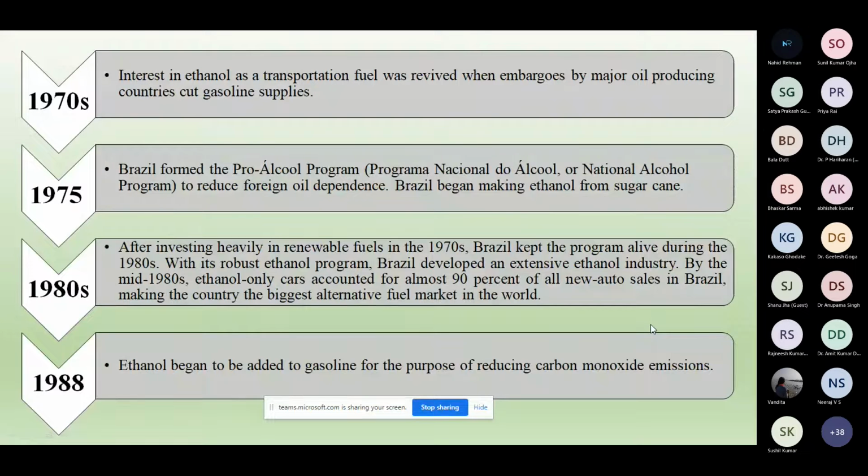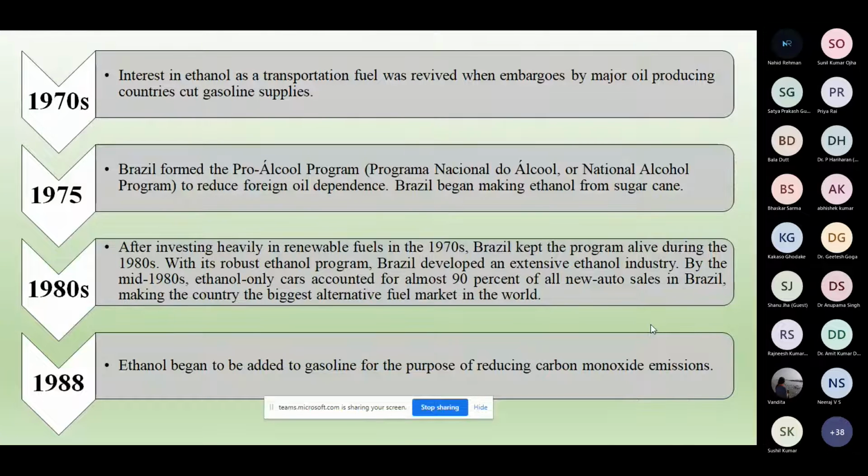And in the 1970s, interest in ethanol as a transportation fuel was again revived when embargoes by major oil producing countries cut the gasoline supplies. Around 1975, Brazil formed the Pro-Alcohol program.